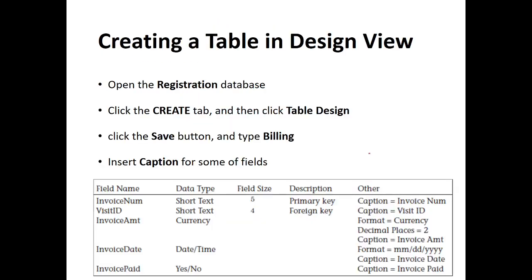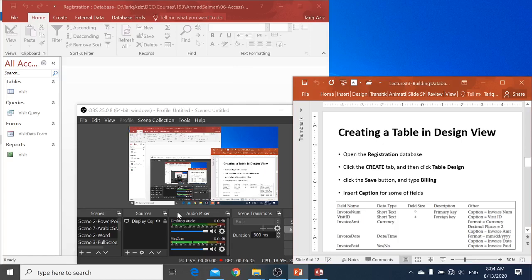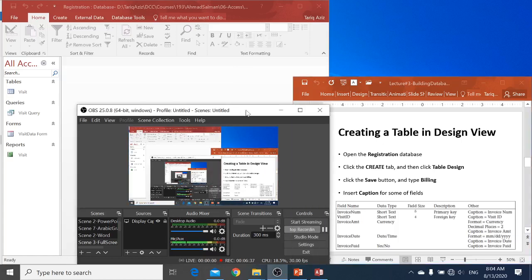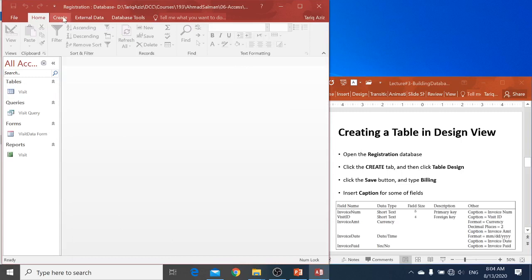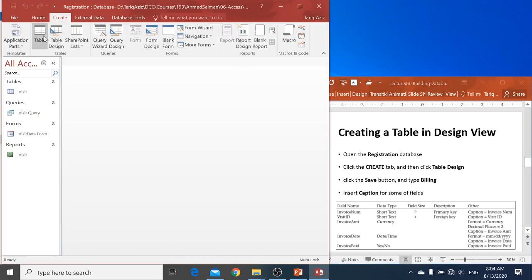Okay, so let's create a table in a registration database, and the table name is billing, and these are the fields. Let's see, we can create a table. So we can go for Create, and we can say, okay, I want to create a table in design view.